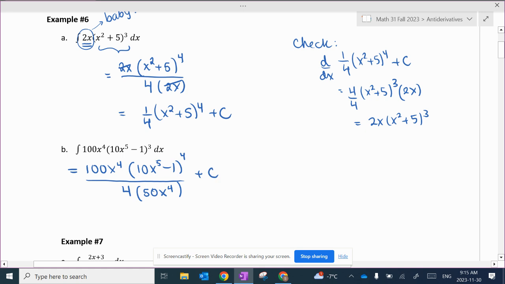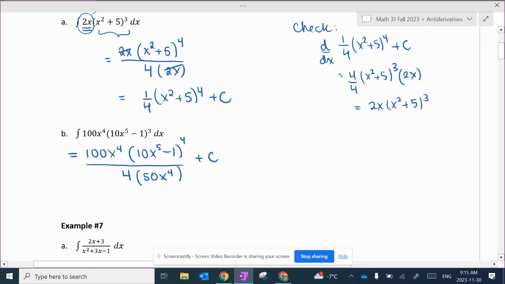Okay, so it doesn't exactly match the little baby function, but it matches enough to cancel out the x term. Okay, so then when we simplify, I've got 100x to the 4 over 200x to the 4, so that's just going to end up being a half. 10x to the power of 5 minus 1, all to the power of 4, plus c.